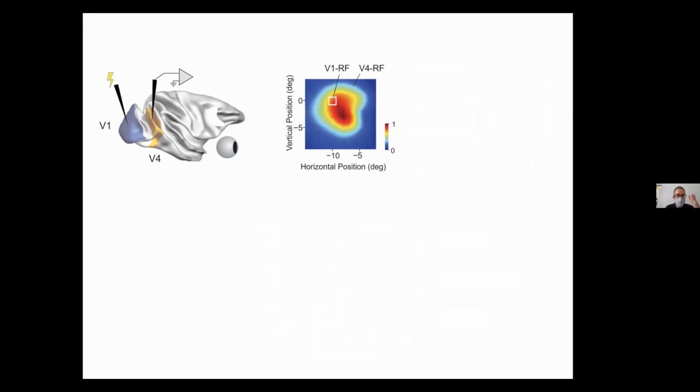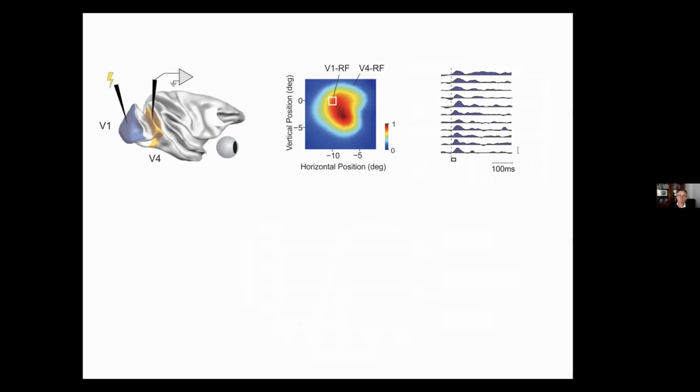Then we do recordings, ensuring that the V4 receptive field, which is larger than the V1 receptive field, overlaps. And what you see here is when we give a clearly suprathreshold stimulus, these are individual trials, and this is multi-unit activity recorded in area V4.